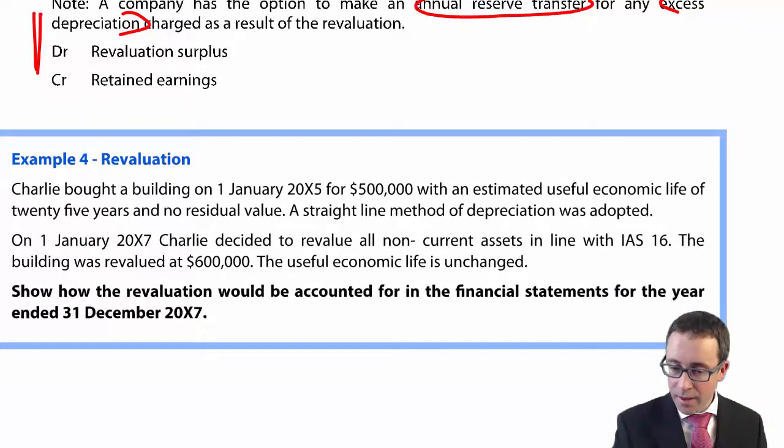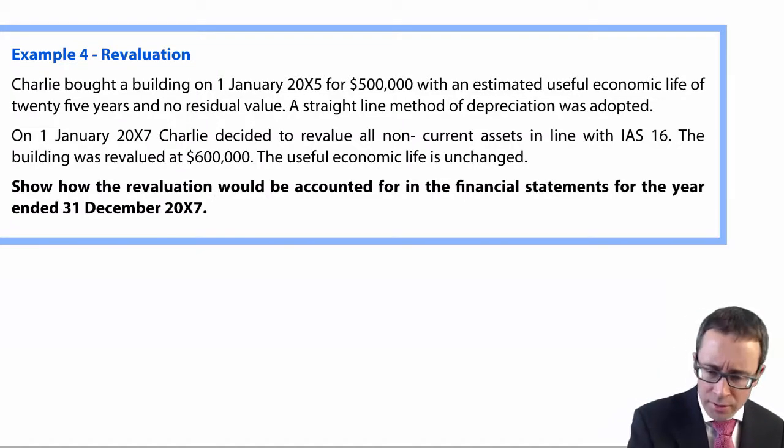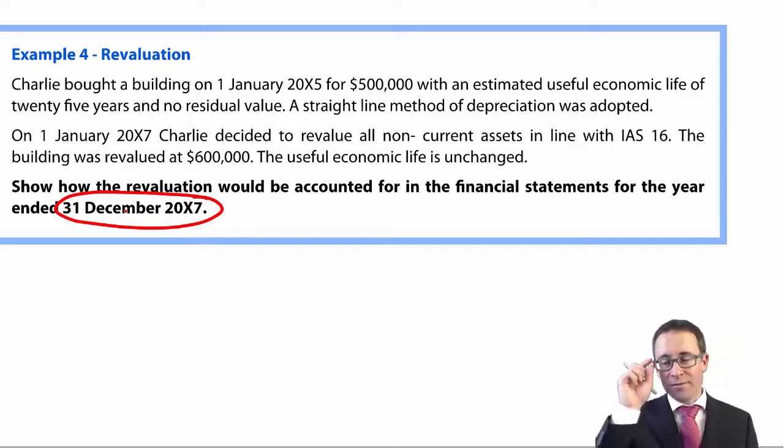So let's have a look at the example with regards to revaluation. It says, show how the revaluation will be accounted for in the financial statements for the year ended 31 December X7.